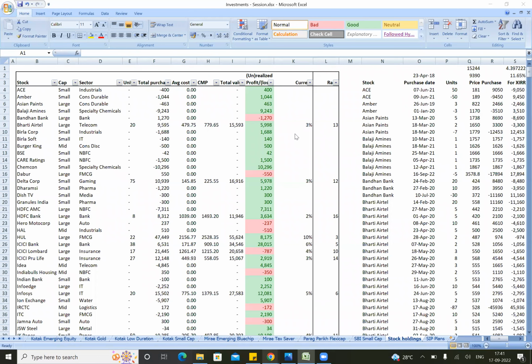Somewhere in my email that data comes. So I look at my last week's emails, and there are 2-3 SIPs in them. Other than that, I know what SIPs are going every week. So if my weekly data for Axis Mid Cap goes every Monday, then every Monday there has to be a row in the sheet for that.